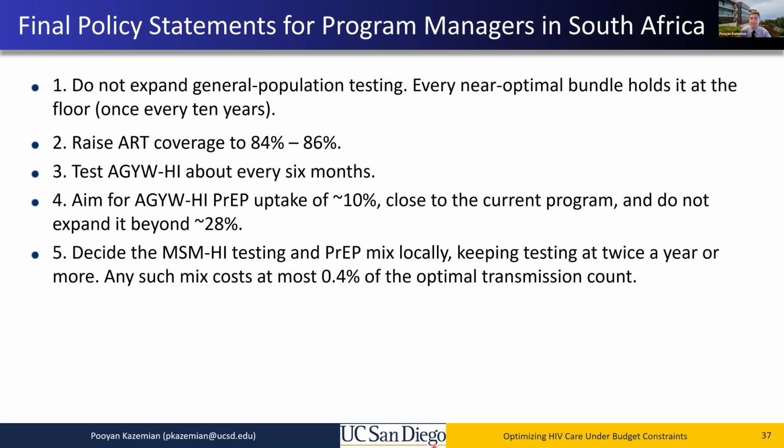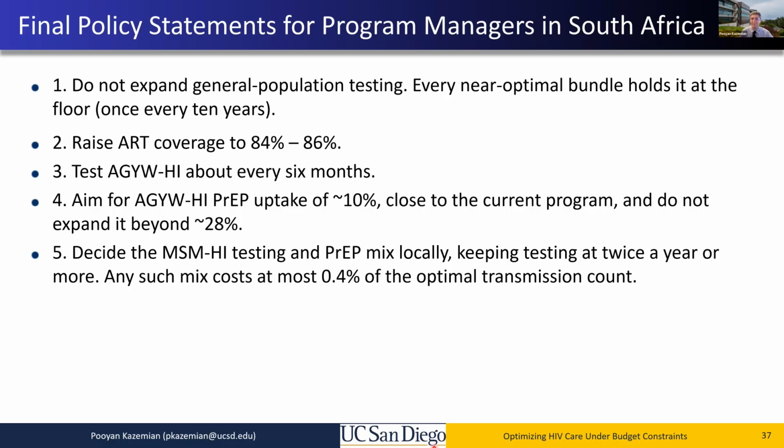And the last statement is that we can decide the testing and PrEP mix for men who have sex with men locally, keeping testing at twice a year or more, and such a mix costs at most 0.4% of the optimal transmission counts. Essentially, that is the most flexible part of the optimal bundle of care. You can mix testing and PrEP for MSM in different ways and still achieve the same number of transmissions.